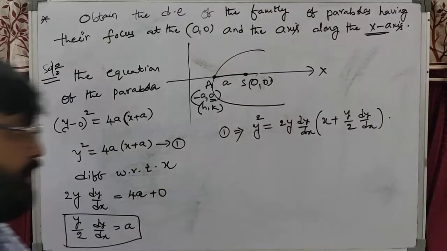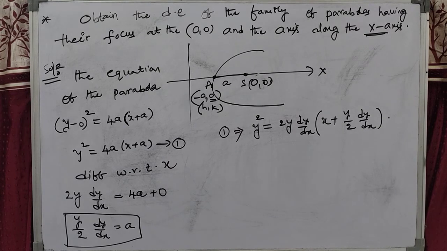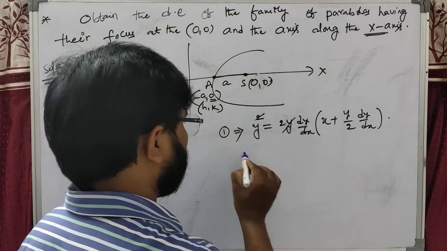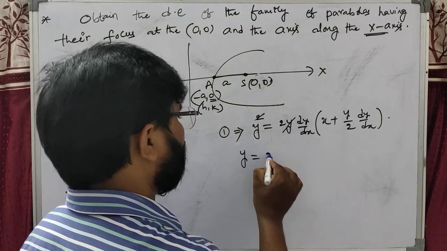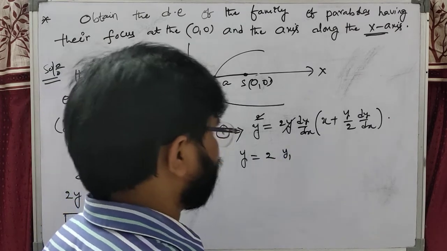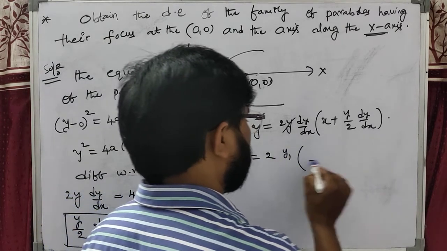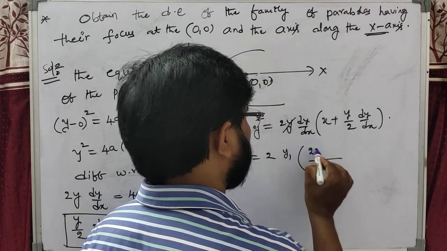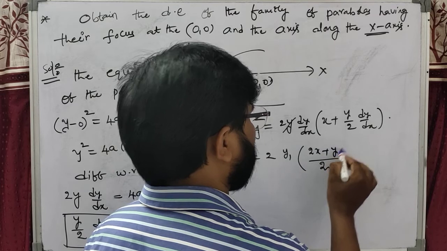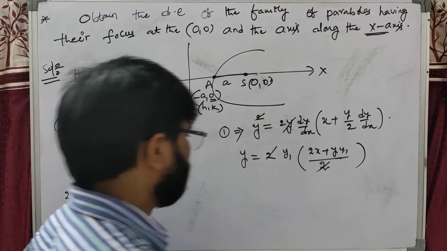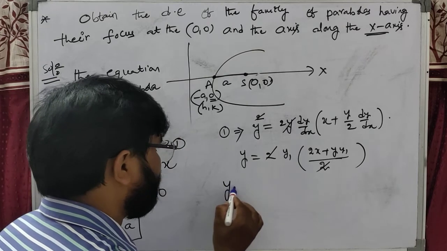Now one time y cancel. Now dy by dx is nothing but y1. Now we are taking the LCM as 2. This is 2x plus y into y1. 2 cancel.